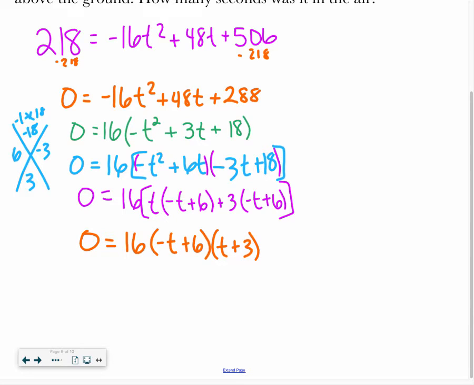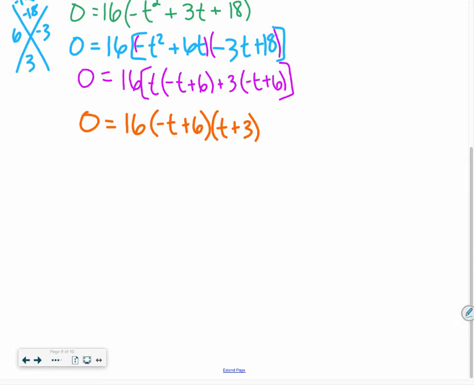From here, this is where we end up setting things equal to 0 like we did before. We have 3 numbers here: this is number 1, this is number 2, this is our third number. So 16, when you have a constant out in front, you can kind of forget about it because you can't change that number. There's no variable. I can set this number equal to 0, so it doesn't matter.